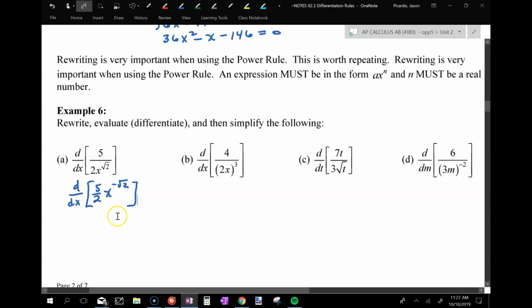Now am I good to use the power rule? Yeah, right? And so take this radical, multiply it by that value in front, and then that's going to be to the negative radical 2 minus 1. And again, that's literally how I would leave that, right? Because there's no way to subtract those.